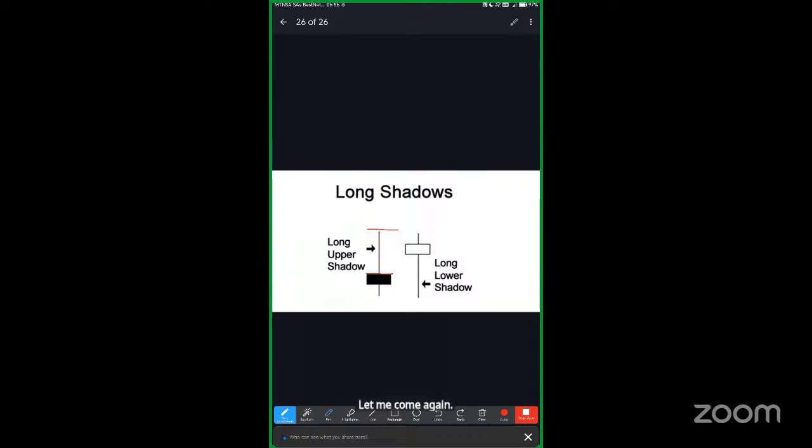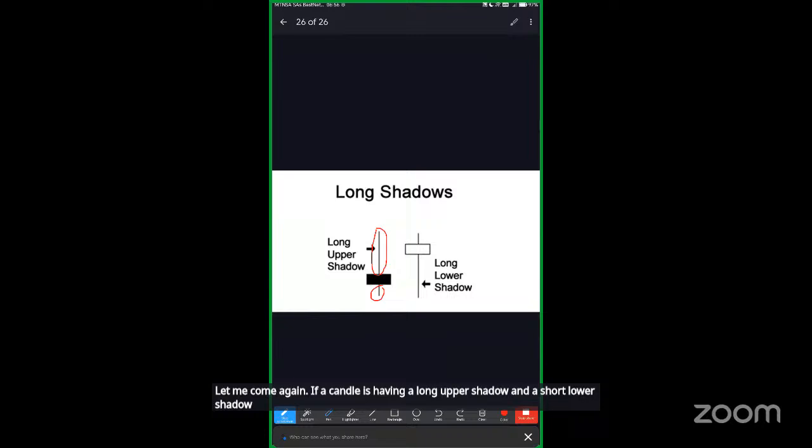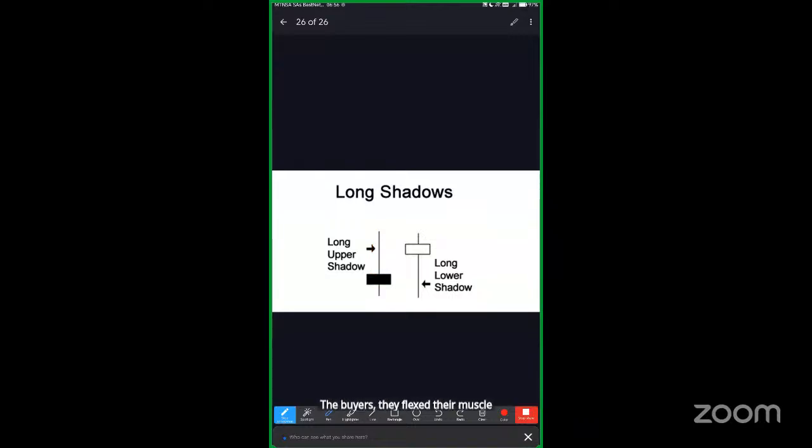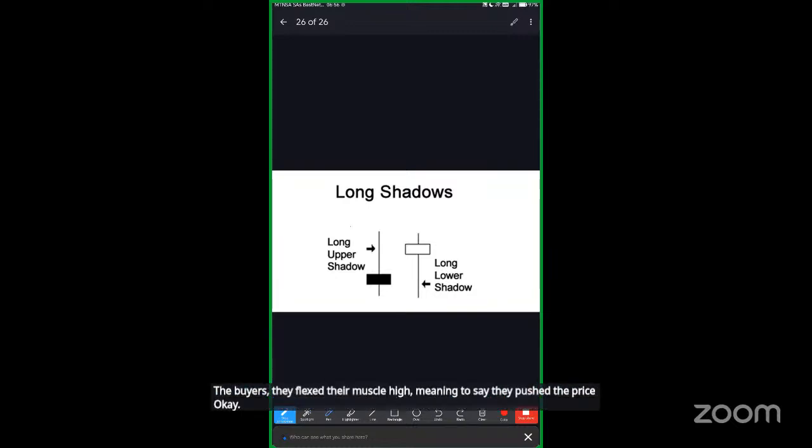If a candle has a long upper shadow and a short lower shadow, it simply means in this particular trade session, the buyers flexed their muscle high, meaning they pushed the price to this level, okay?